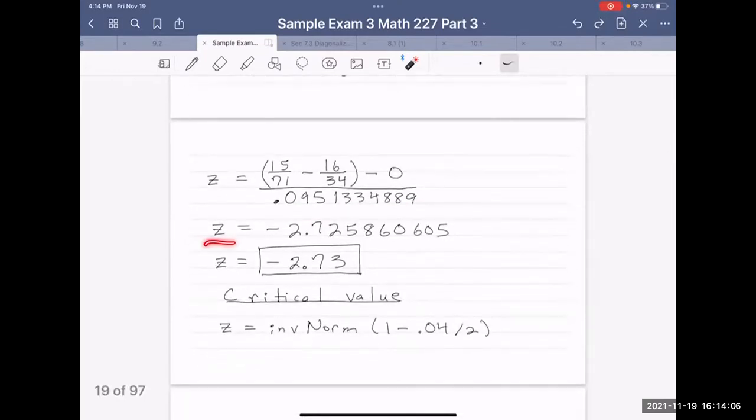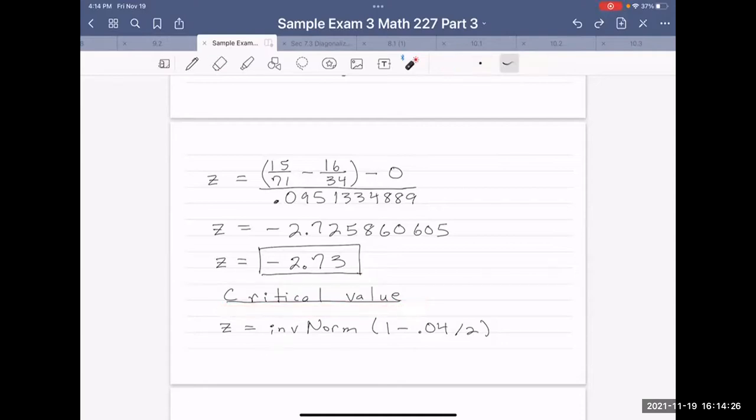And so you get a negative 2.725860605. So to the nearest hundredth, z is equal to negative 2.73.